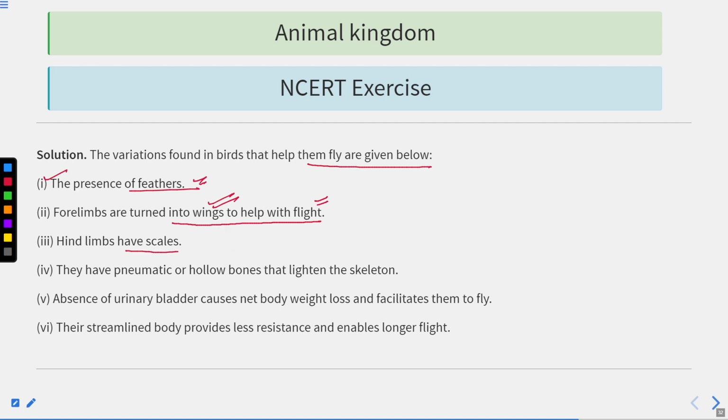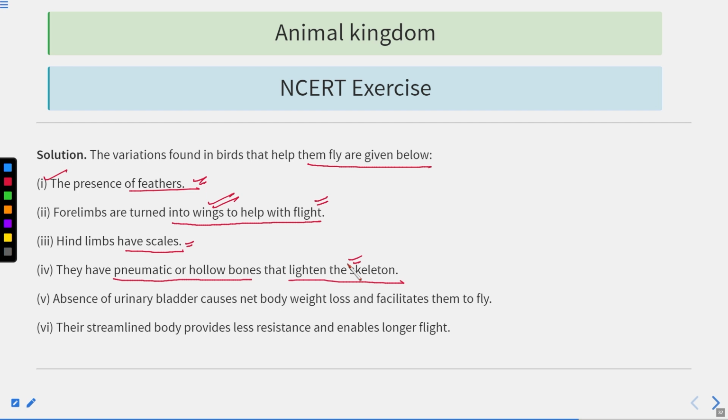Hind limbs have scales. If you see the hind limbs, that is, the legs of the birds, they are covered with these scales. And they have pneumatic or hollow bones that lighten the skeleton. If you see the bones of birds from inside, they are hollow and filled with air.